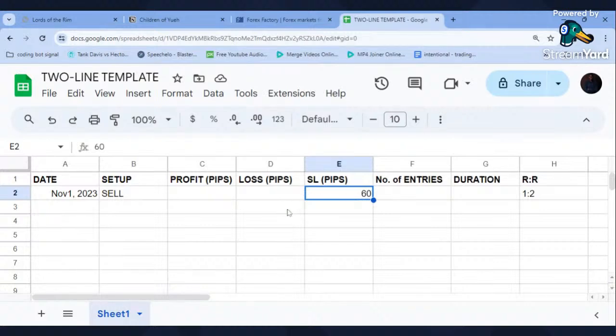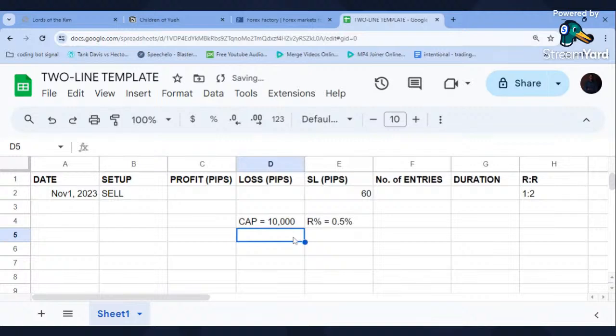Now, let's say your capital is $10,000 and your risk percentage is 0.5%. What is 0.5% of 10,000?